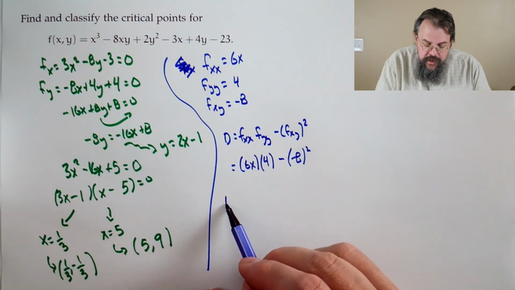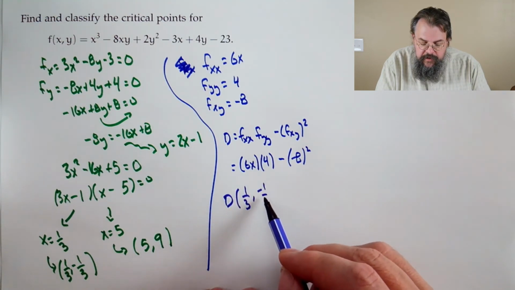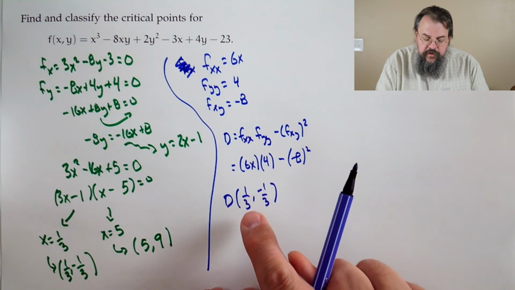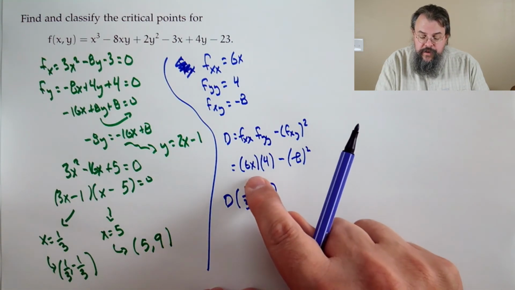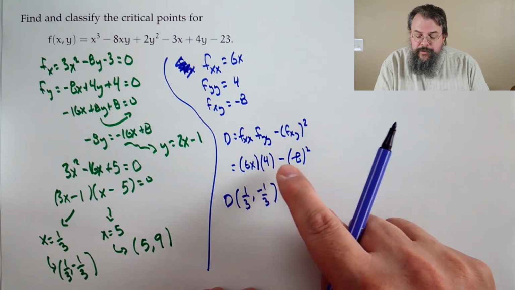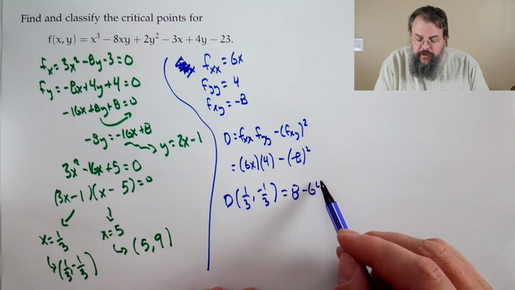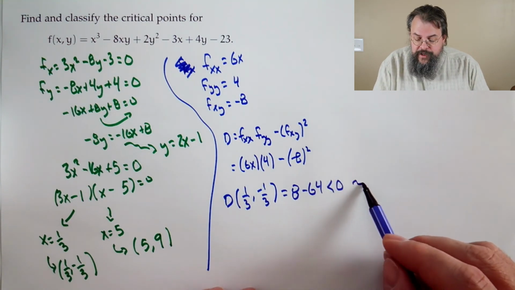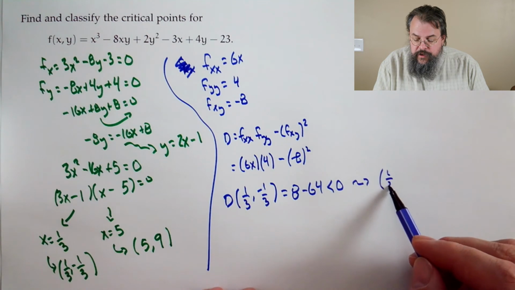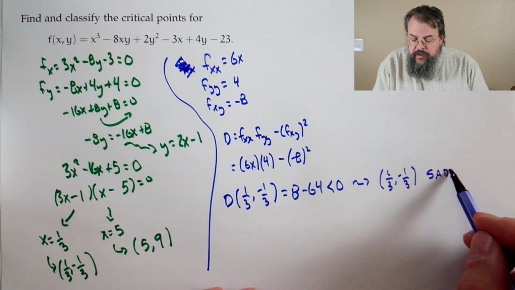So when we plug in, it comes down to what's happening with the x. 6 times 1/3 is 2. Times 4 is 8. And we're going to subtract 64. So this is 8 subtract 64. That's very negative. And so our conclusion is (1/3, -1/3) is a saddle.